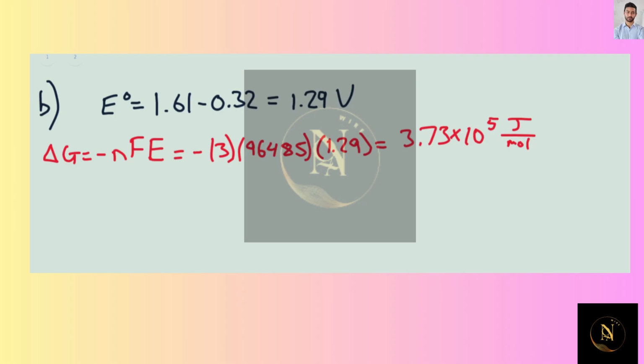Then we calculate K. ln K is equal to delta G over -RT.